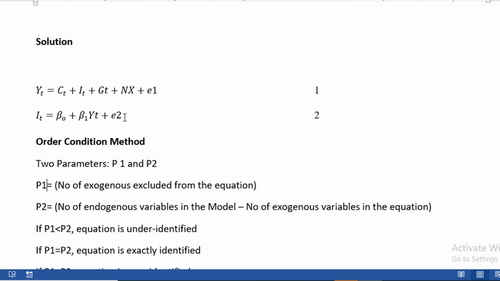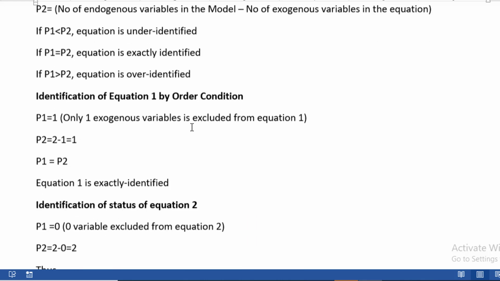Similarly, if you look at equation 1, there is no variable present on the right hand side of equation 2 which can be excluded from equation 1. So in case of equation 2, the P1 value is equal to 0, while in case of equation 1, the P1 value is equal to 1.